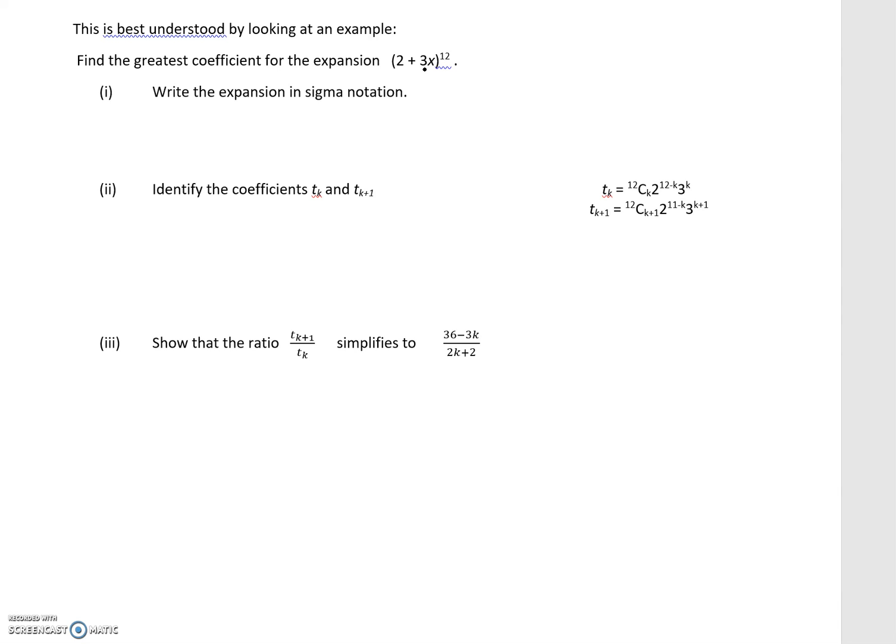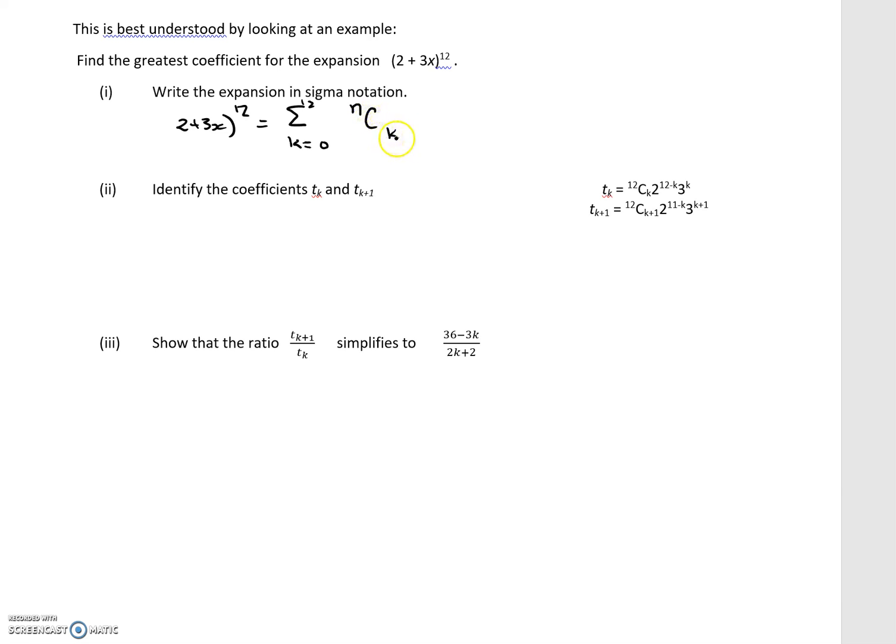So part 1 just says write the expansion in sigma notation. So we will have (2 plus 3x) to the 12 is going to be the sum of terms, starting at 0 up to 12. And we'll have nCk, starting at 0.